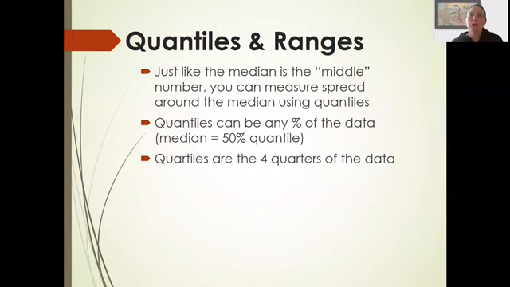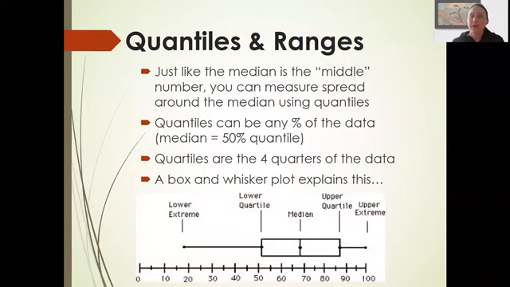Often people report the 4 quarters or the 4 quartiles in the data, and that would be the 25% quartile, the 50% quartile, and the 75% quartile, with both of the endpoints. So it's really kind of five values, because it's the minimum value, the maximum value, and then the quartiles. And what you can do is put those into what's called a box and whisker graph, like at the bottom.